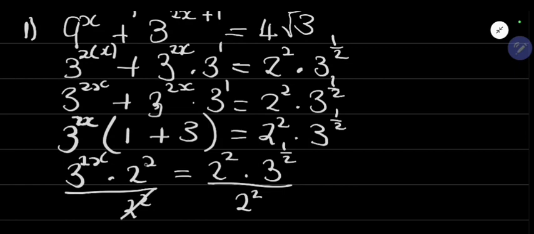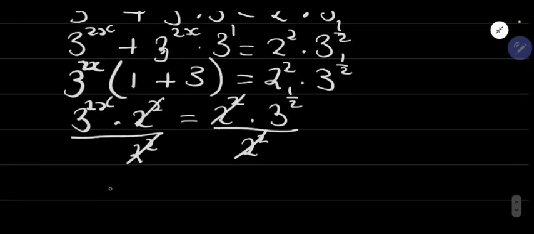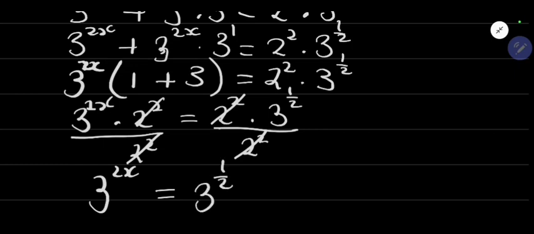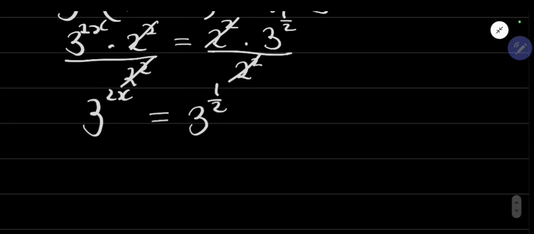So this will go away with that. Then we will remain with 3 exponent 2x equal to 3 exponent 1 over 2. Our bases are the same. Since our bases are the same, we are allowed to drop our bases and remain with our exponent, which is 2x equal to 1 over 2.